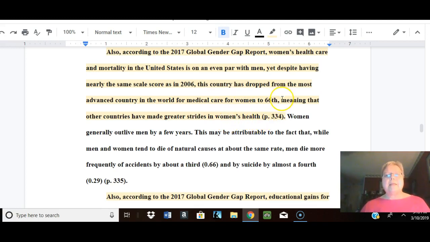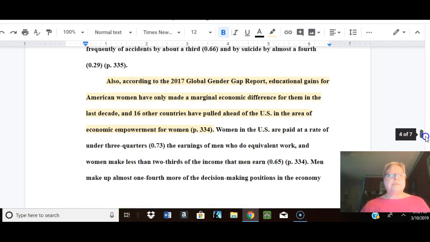You see that? That doesn't necessarily mean that we took women's health care away. It could mean that other countries have come up, which naturally is going to push us down in the rankings. So this is what I want you to do.